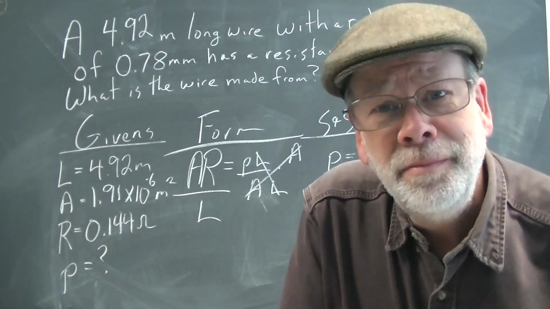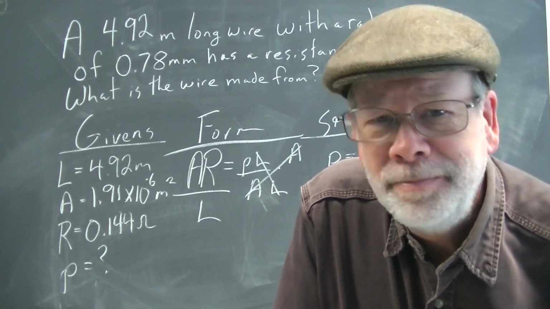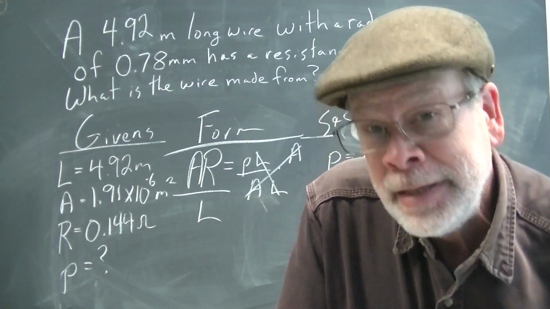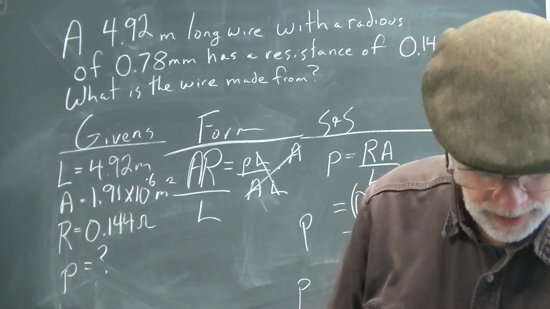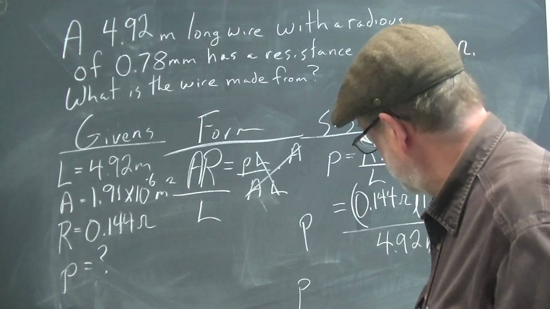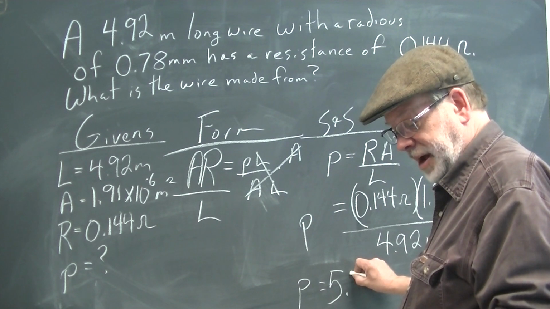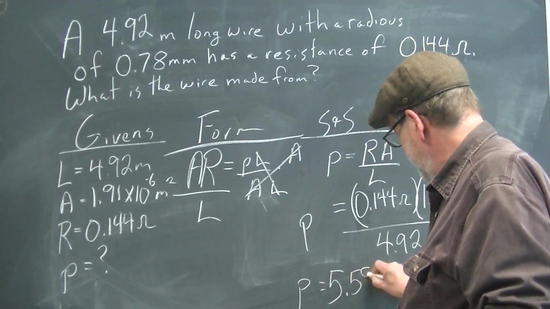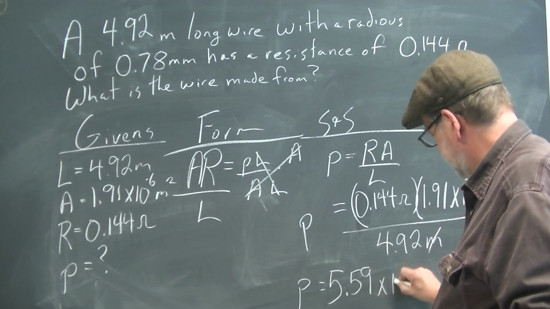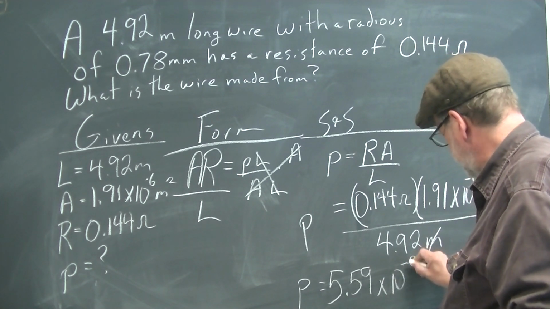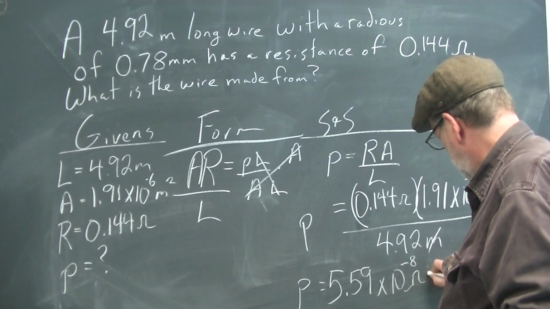I'll give you a second. Did you get the answer? Take a second. If you did it right, your answer should come out something close to 5.59 times 10 to the minus 8th ohm meters.